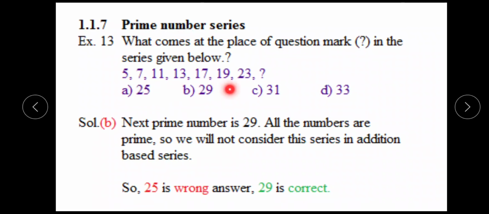It means the next term will be the next prime number after 23, and after 23 the prime number is 29. It means 29 is the correct answer, but 25 is the wrong answer.